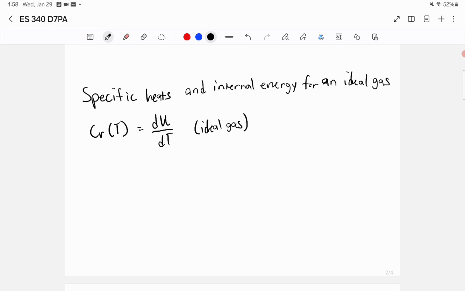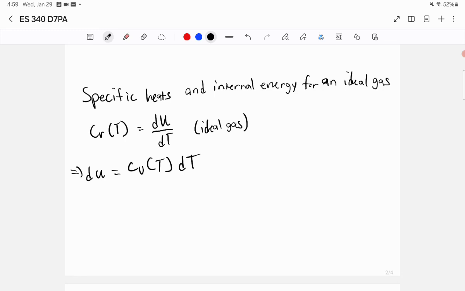Okay, so what does this mean? du is equal to Cv of T dT. That's just rearranging the equation above. This is again for an ideal gas.